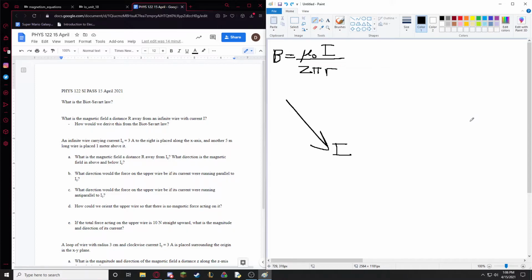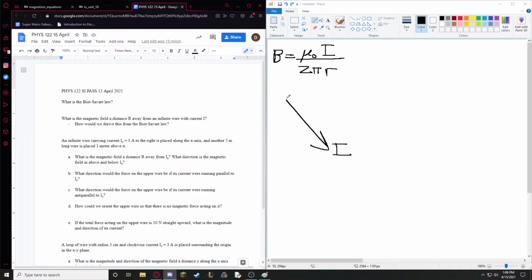Yep. So your thumb would be pointing the way of the current. So your magnetic field, on the left part of it, it would be going into the page, and then on the right part of it, it would go out of the page. You got the idea: thumb points, fingers curl in the direction of the magnetic field.